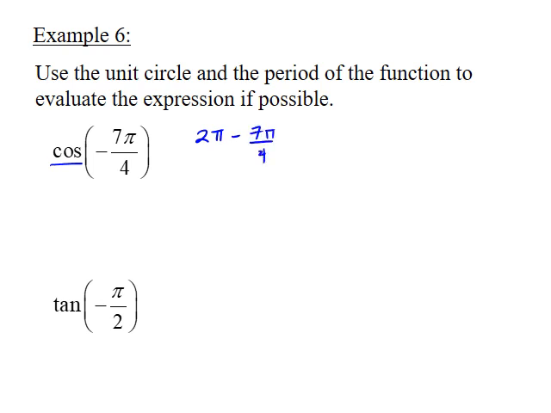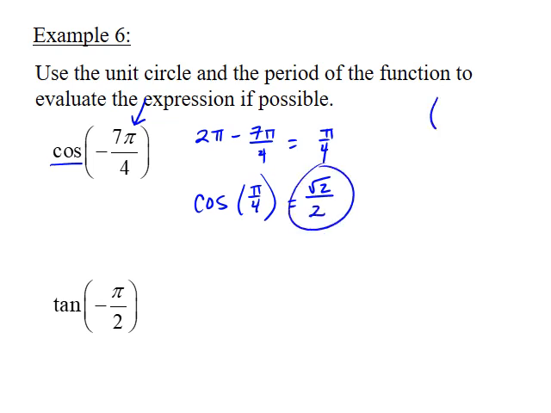I can think of this as 8 pi over 4, which reduces to pi over 4. So now instead of using this, I'm using cosine of pi over 4. This is just another way of finding a reference angle, really. Cosine of pi over 4, we should know, is root 2 over 2, because the corresponding ordered pair with pi over 4 is root 2 over 2, root 2 over 2.